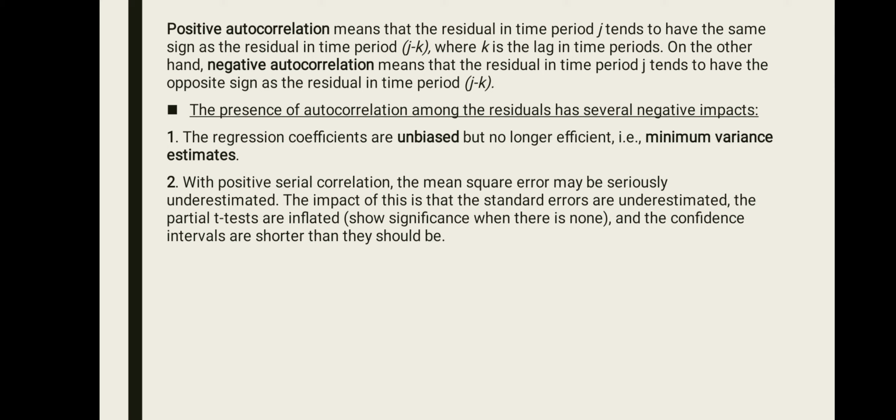The impact of this is that the standard errors are underestimated, the partial t-tests are inflated, showing significance when there is none, and the confidence intervals are shorter than they should be.